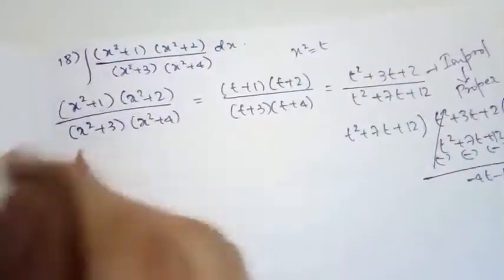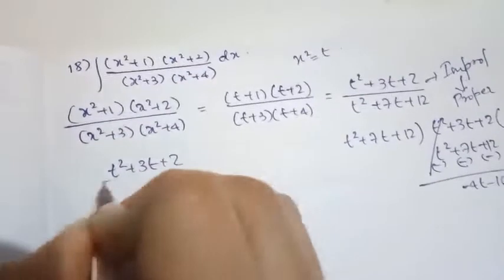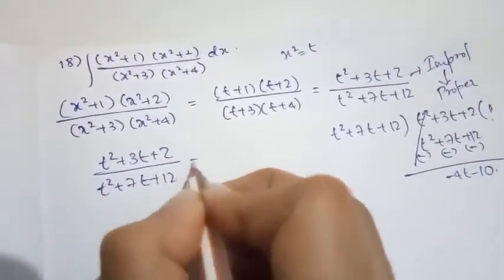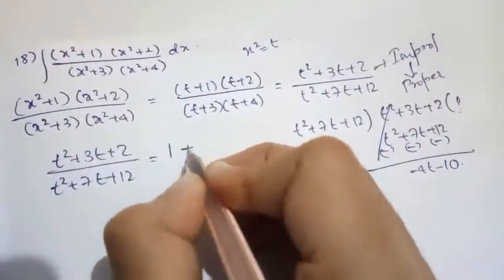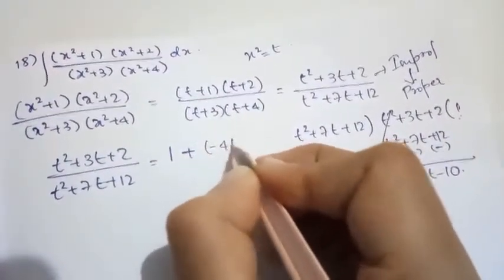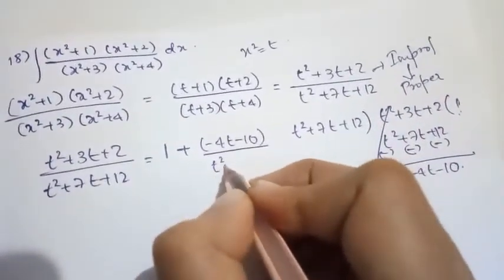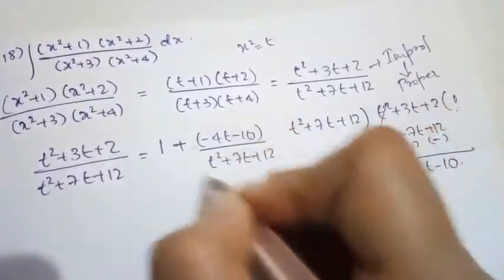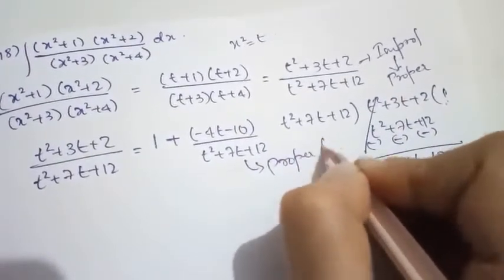So I can write t square plus 3t plus 2 divided by t square plus 7t plus 12 as equal to the quotient plus the remainder, minus 4t minus 10, divided by the divisor, that is t square plus 7t plus 12. So clearly we can integrate, and this one is a proper fraction.